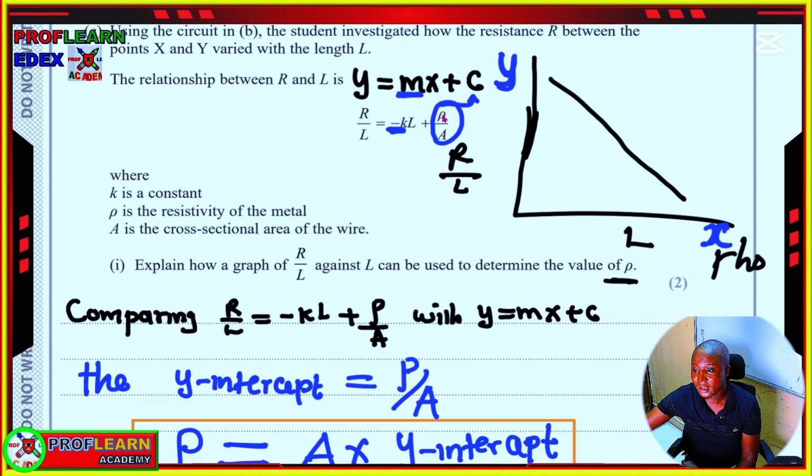And then rho over the cross-section area corresponds to the y-intercept. We are comparing this given equation with the equation of a straight line.